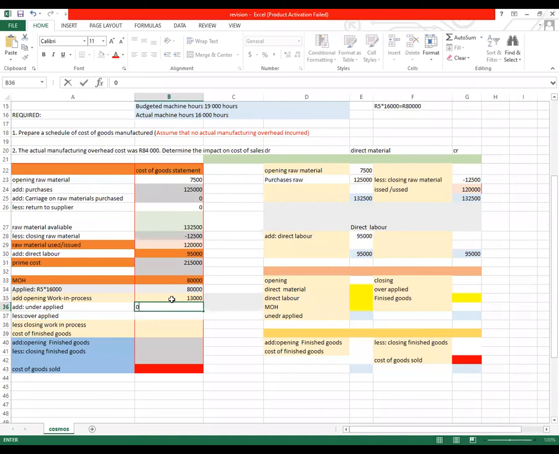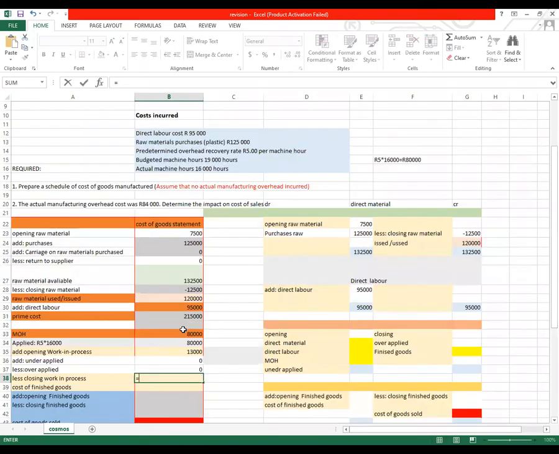We're still going to do the over and under after this, under number 2, because under number 2 we have the actual one. Now we don't have the actual one, which means we don't have over and under. And then over is going to be less because we don't have over, it is 0.